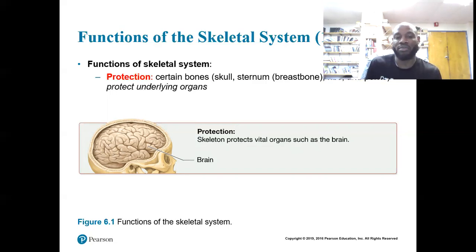Your brain is protected by bone, that is your skull. Your vertebrae protect your spinal cord. You remember that when we talked about the nervous system. Your rib cage protects your vital organs, your heart, your lungs, your stomach, things like that. So we have a lot of protection from bones.